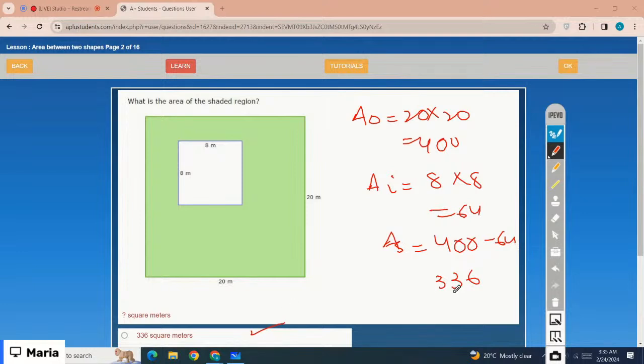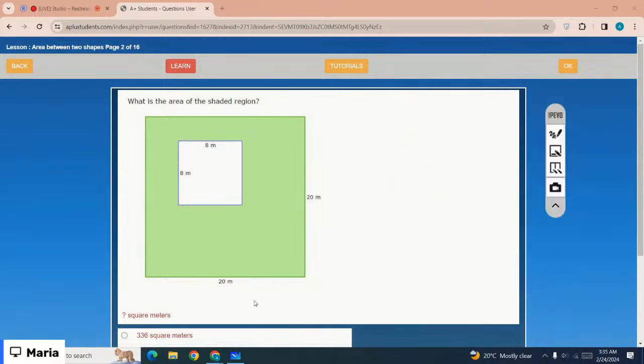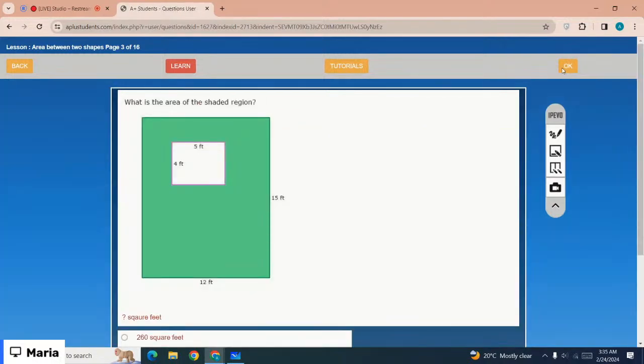Okay, so the next one is, what is the area of the shaded region?